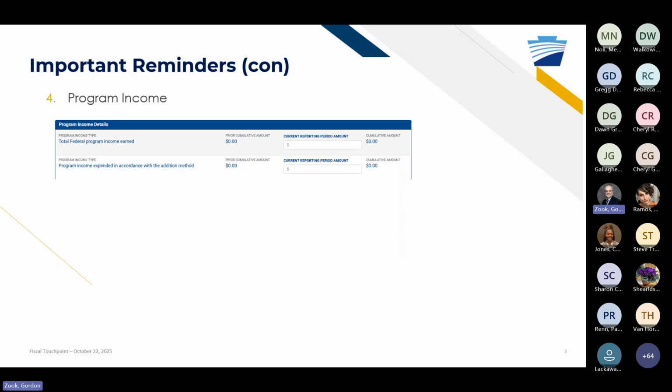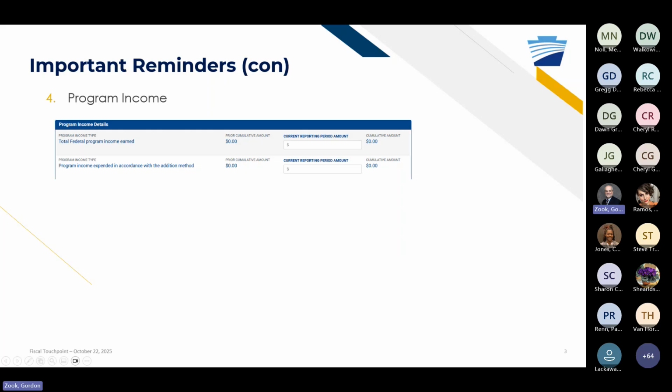So it's very important that you spend that program income before requesting additional funds, or that you use it as an adjustment for the funds that you're requesting. Any program income becomes an addition to your budgeted resources from WIOA.